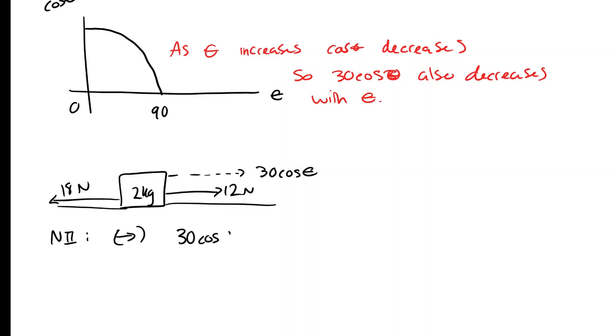We'd have 30 cos theta pulling right, plus 12 pulling right, minus 18, minus as it's pulling left, equals ma. If we knew theta, we would then be able to work out the acceleration. Okay, that's the motivation behind considering components.